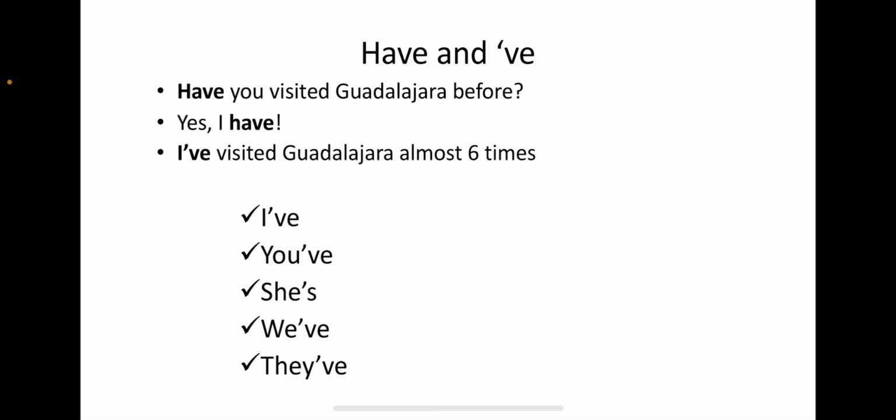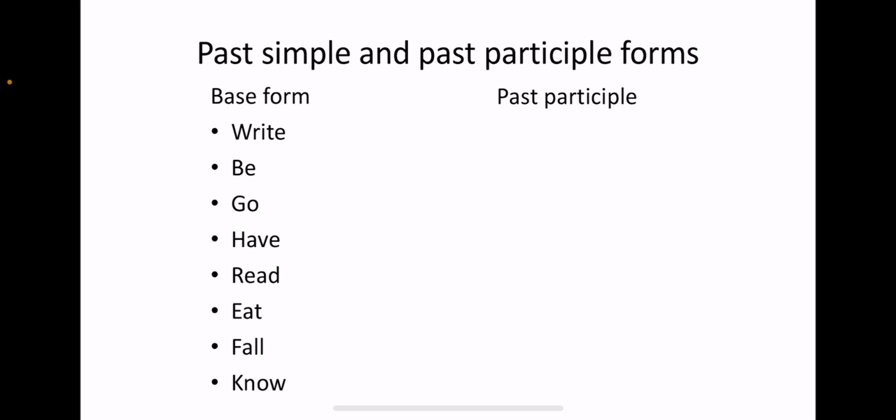So I'm using visited here because it's the participle form of visit. The past and the participle are the same for regular verbs. But for irregular verbs, you know that we need to memorize them, right? So irregular verbs change not only the past but also the participle form. So let's just remember some of the very common verbs that we have in English.